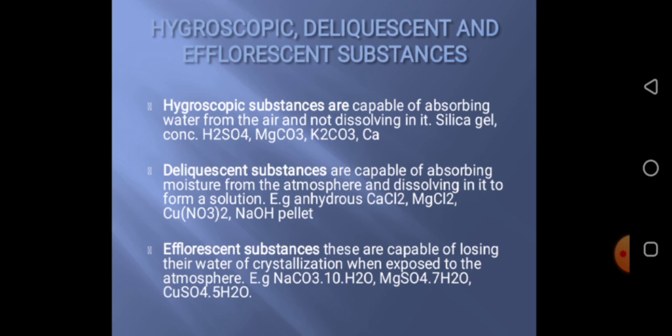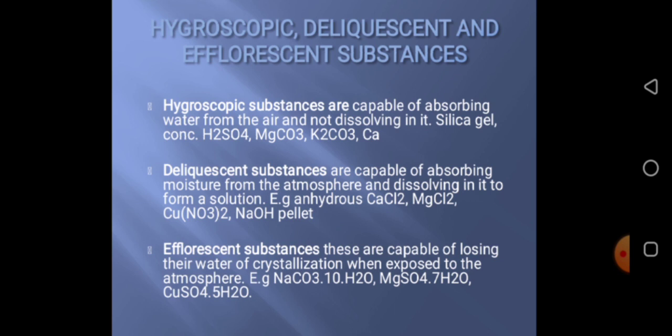When you expose sodium hydroxide pellets to air, you see it turning to a solution. It reacts with atmospheric water to form a solution. So also copper nitrate, anhydrous calcium chloride and magnesium chloride. Then we have what we call efflorescence.